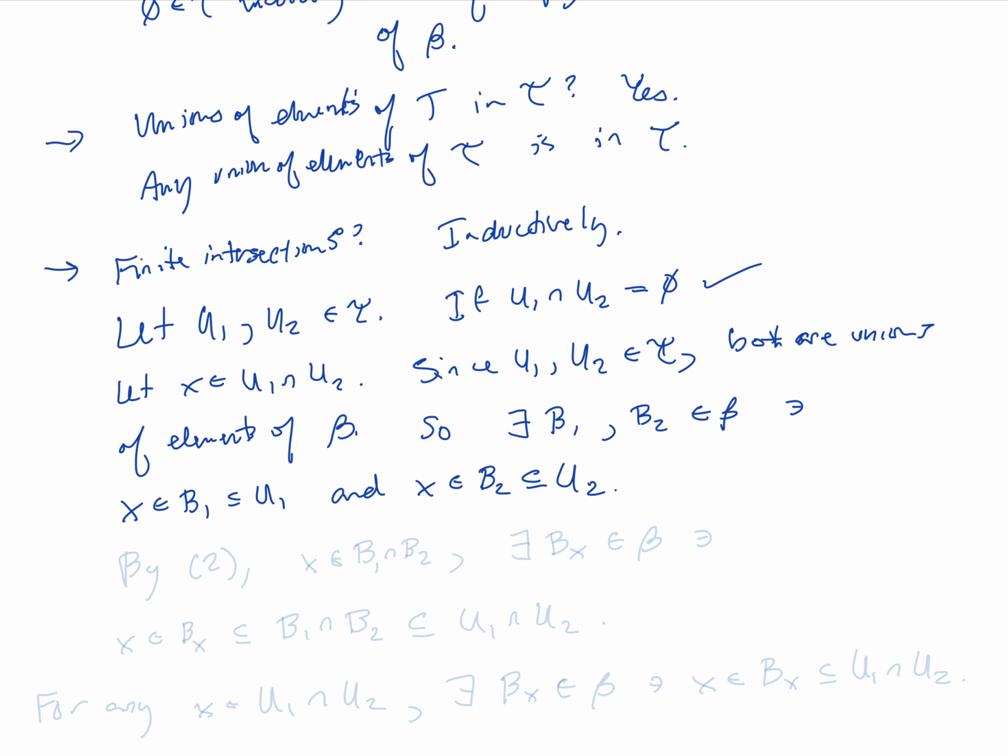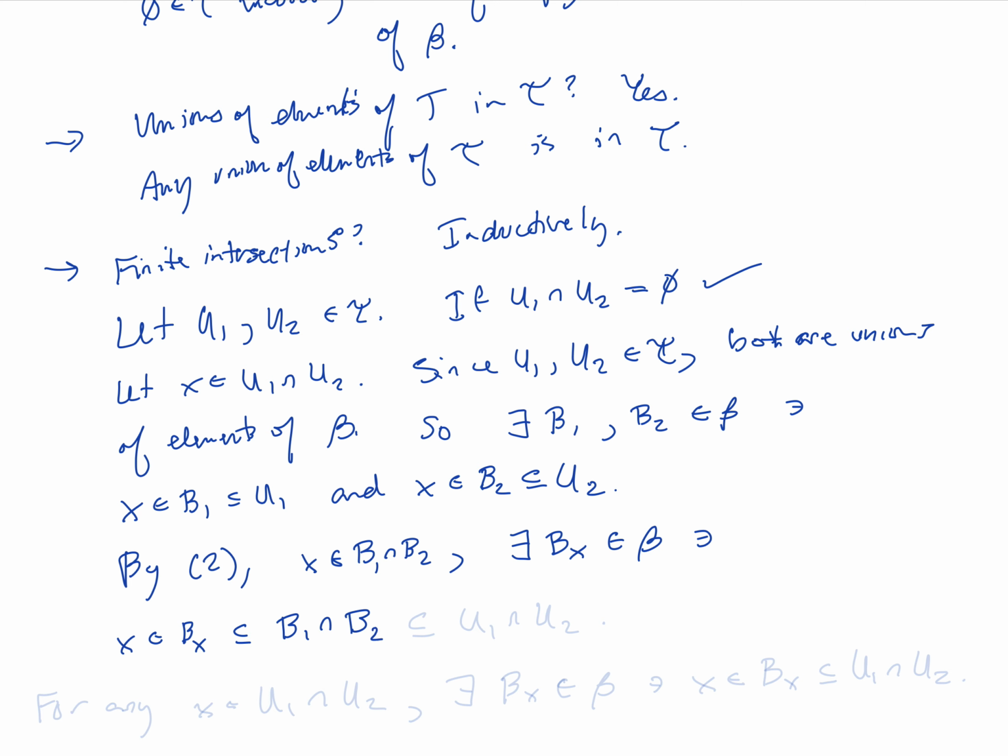So now we're going to apply condition 2 above. By condition 2, since X is in B1 and B2, these basis elements, there is some basis element, B sub X in beta, such that X is an element of B sub X, which is a subset of B1 intersected with B2.